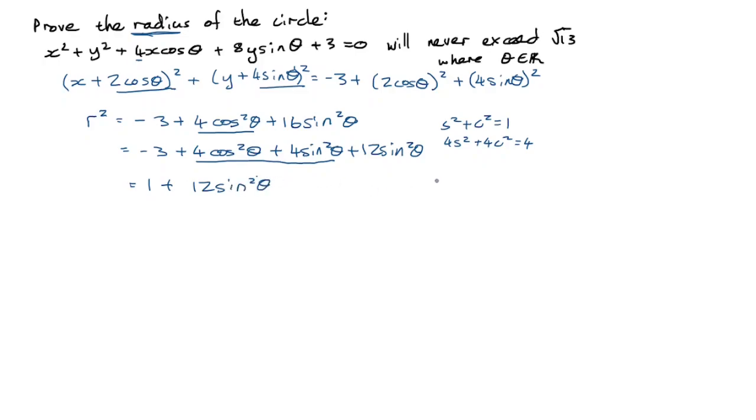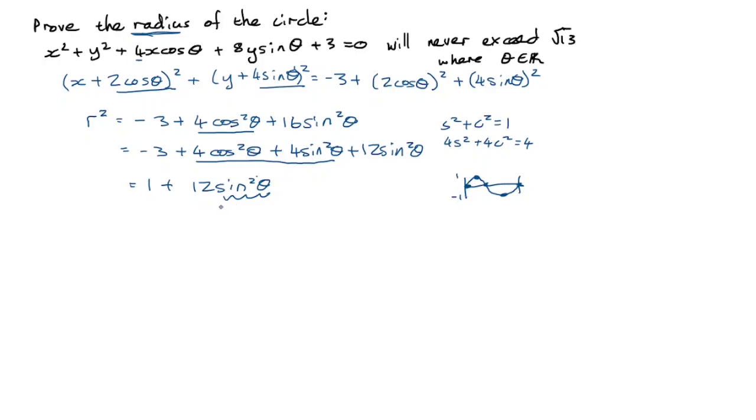Another thing that's really helpful at this point is to think of a normal parent sine graph. I would always be drawing these in my exam, and judging by how quickly I've drawn it, you can see how quickly it can be done, to see that it must never exceed 13. In other words, what's the biggest that this graph could ever go to? If you have a basic knowledge of trig graphs, you know that for sine and cos, the biggest they go to is 1, the smallest is minus 1.